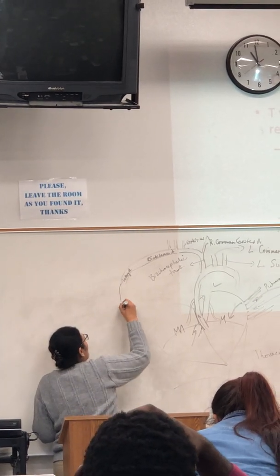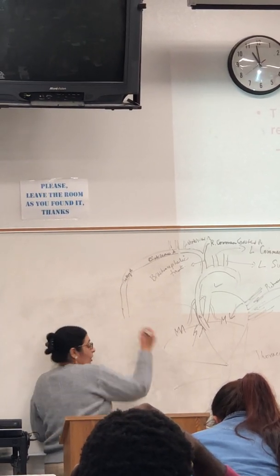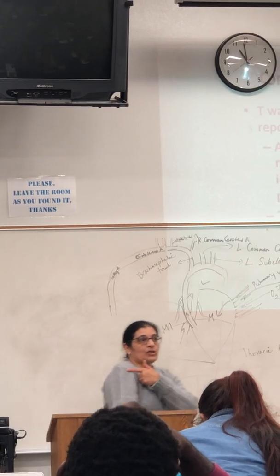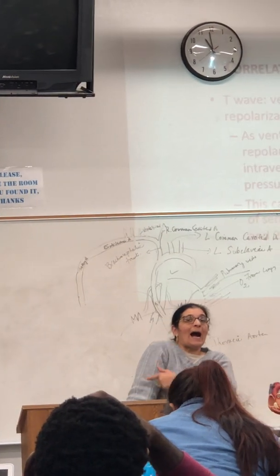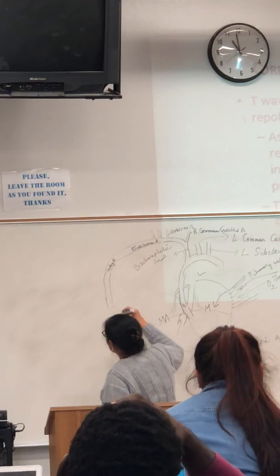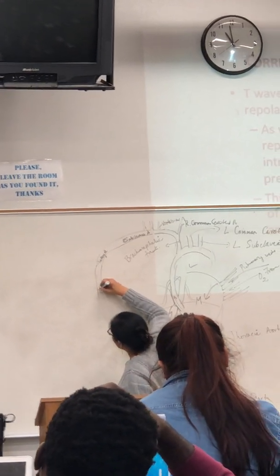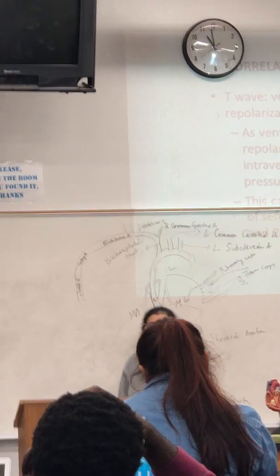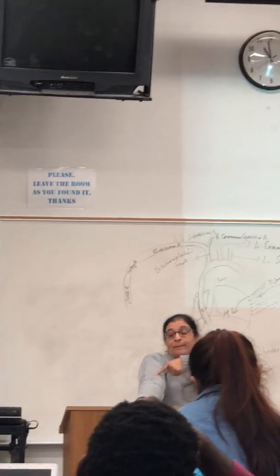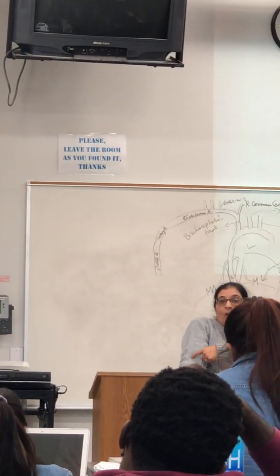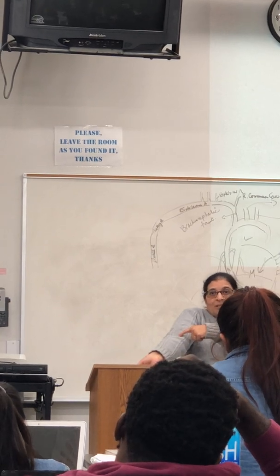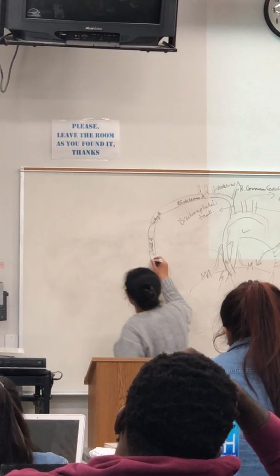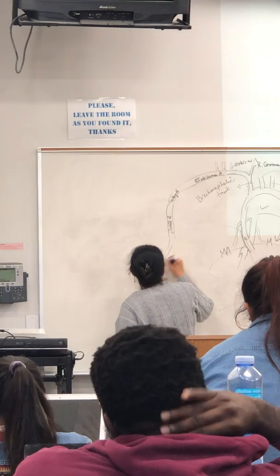Then it goes into your brachial region, which is your arm. It becomes the brachial artery. Then it goes below the cubital fossa, which is this region, and then it branches into 2.